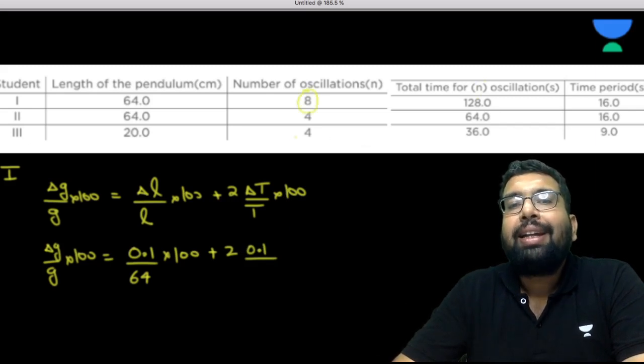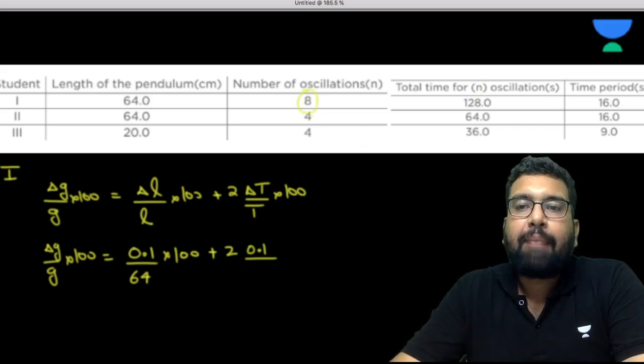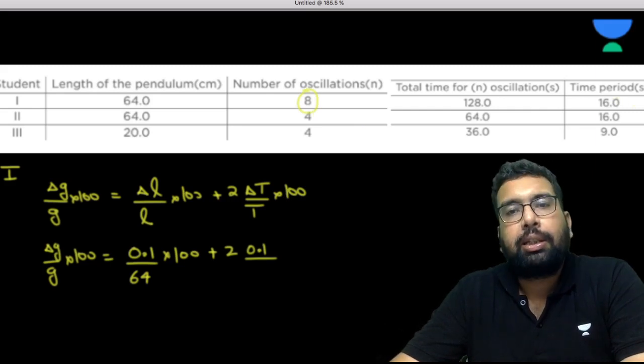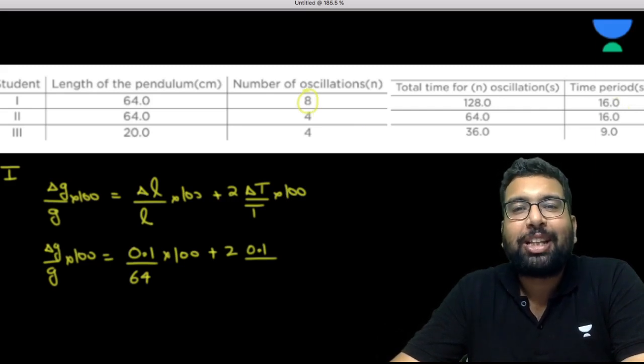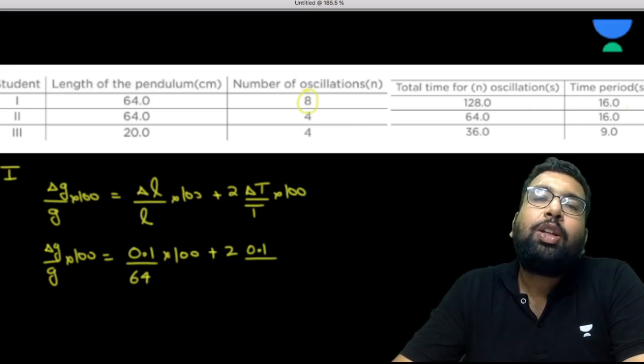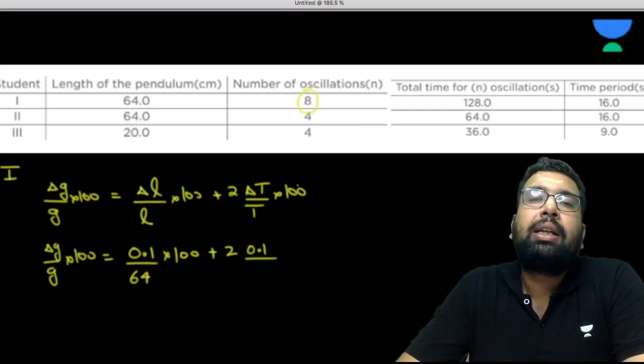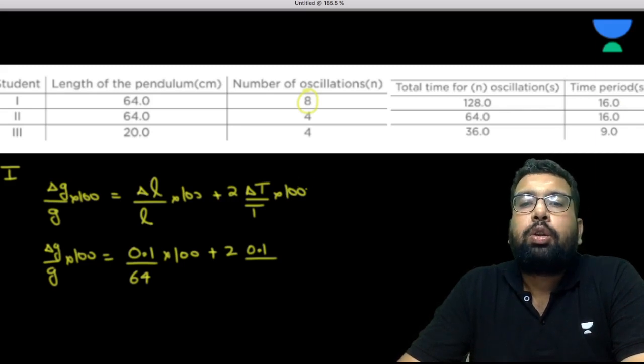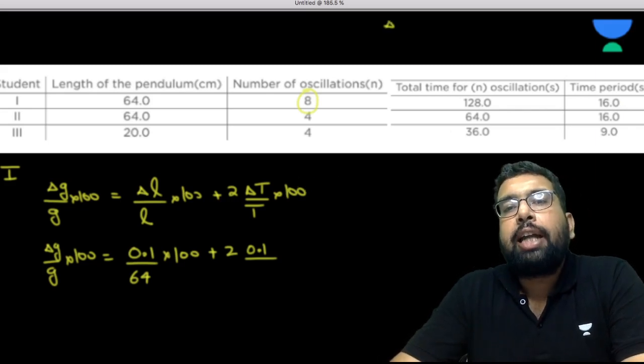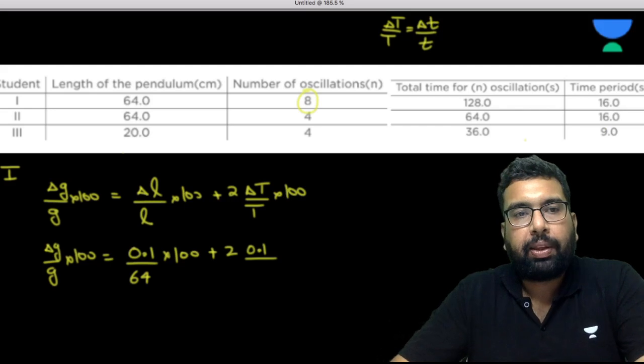He took 8 oscillations, and this is the time period. So you don't have to use this. Why, sir? Otherwise, you have to first get capital delta T, which unnecessarily increases the calculation. When we know delta T by T is equal to small delta t by t, this is given just to confuse you, basically.